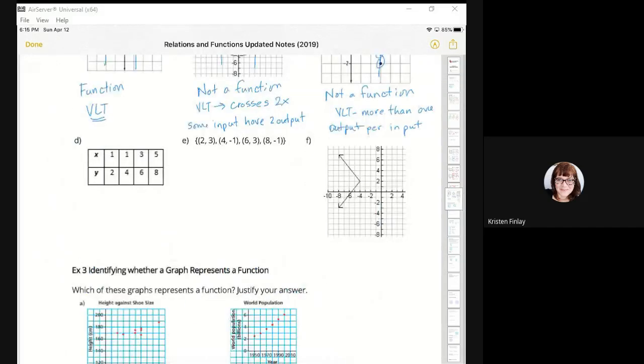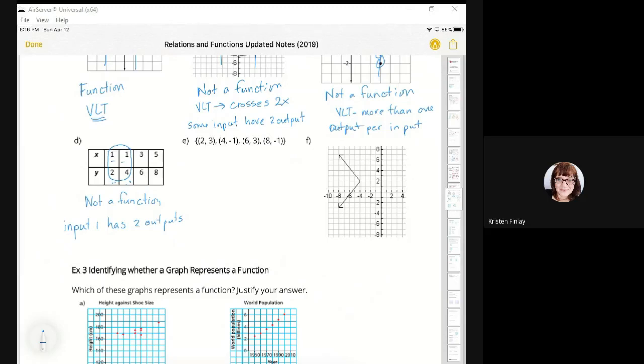D, we can't use the vertical line test, but we can take a look at what's going on. This is a table. Well, if I notice here, I have X as 1 and X as 1, and I have two different outputs. So this is not a function. Input 1 has two outputs. Okay, so it can't work.